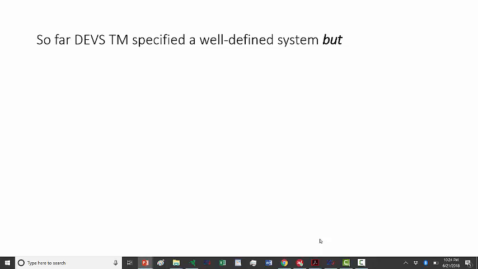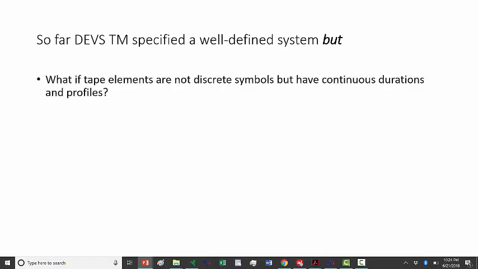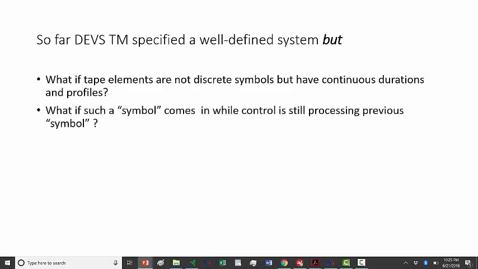Now, as an example, so far the Turing machine that we have studied specifies a well-defined system, but that has been within the context of DEVS. So what if we allow the tape elements not to be discrete symbols, but to have continuous durations and values that are continuous in their profiles?